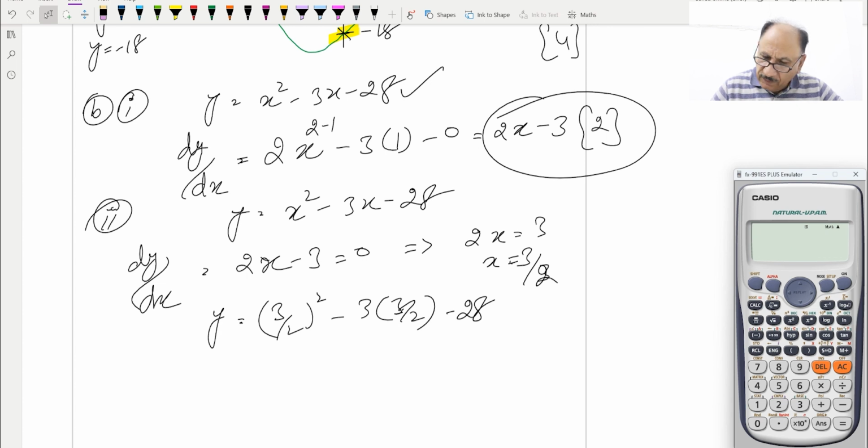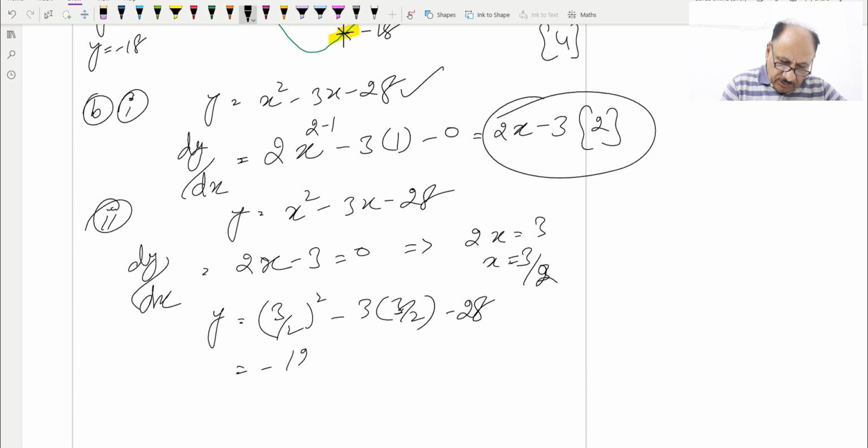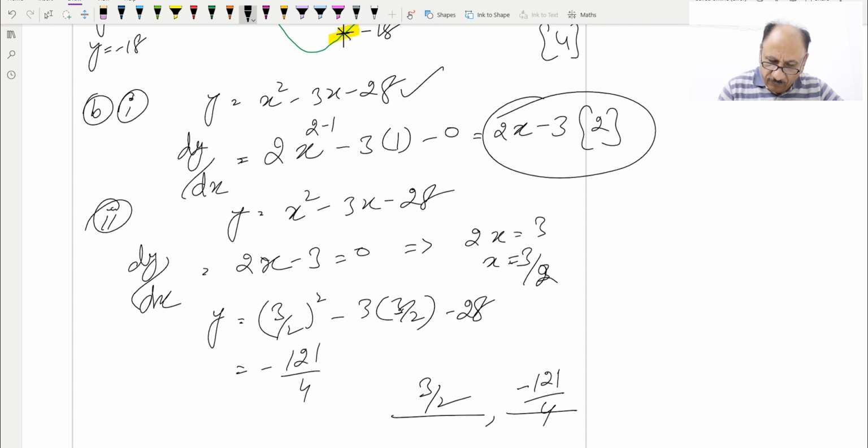So it will be 3 by 2 or 1.5, so 1.5 square minus 3 into 1.5 minus 28, and this is equal to minus 121 by 4. So what will be the coordinates of the point? The x value will be 3 by 2, and the y value will be minus 121 by 4, and these will be the coordinates. This is a 3 marks part which we have done.